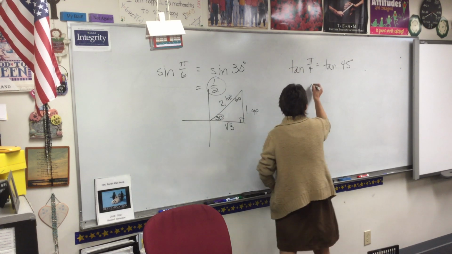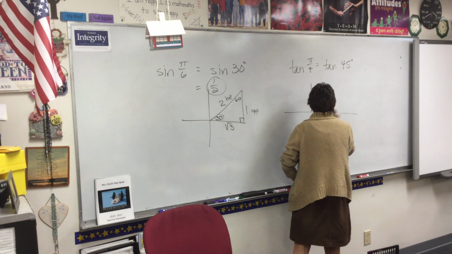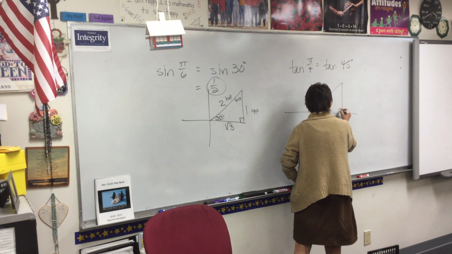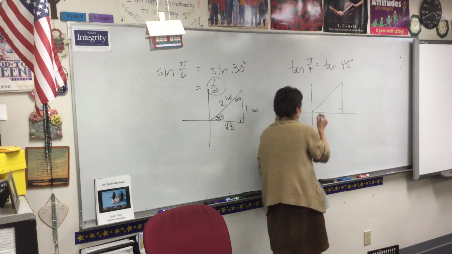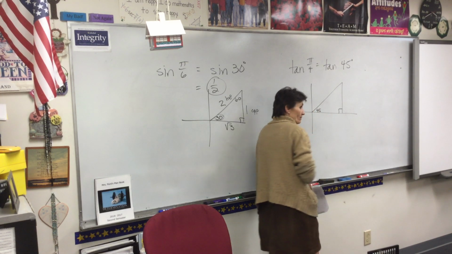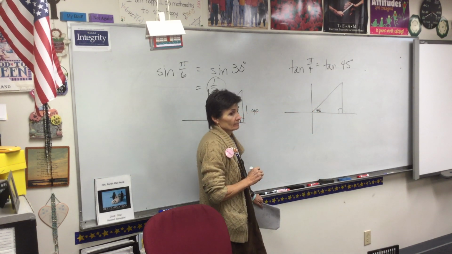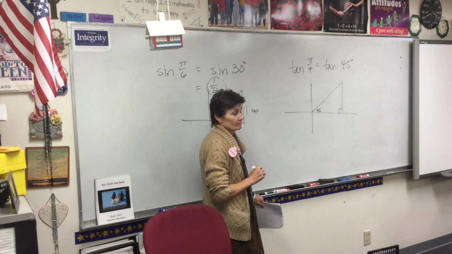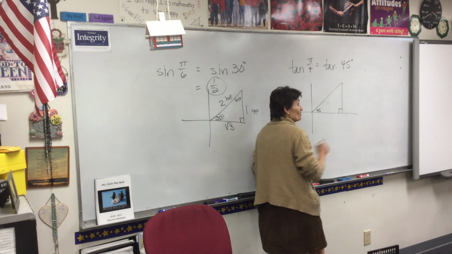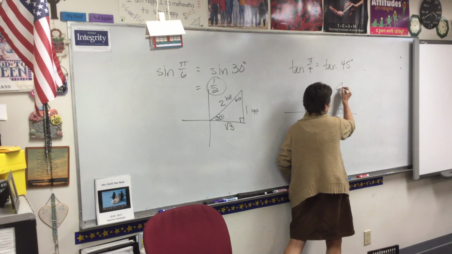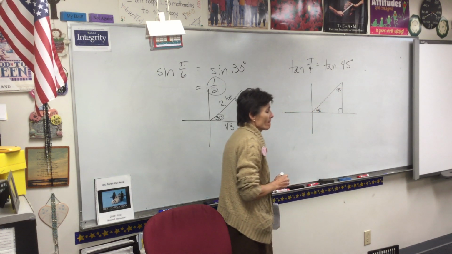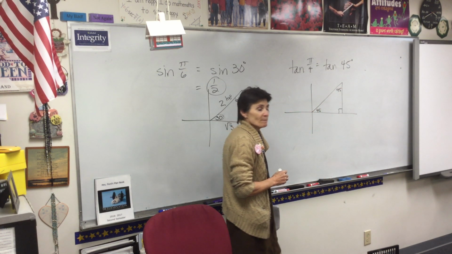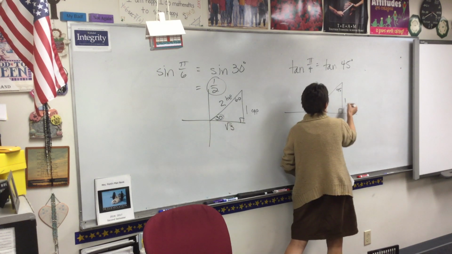So now I'm going to set up my picture like I do. And I'm going to put the 45 right here. You know which one this is. This is a 45, 45, 90 triangle, which means the sides are 1, 1, root 2.